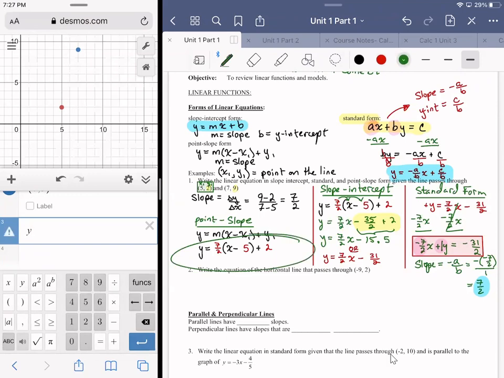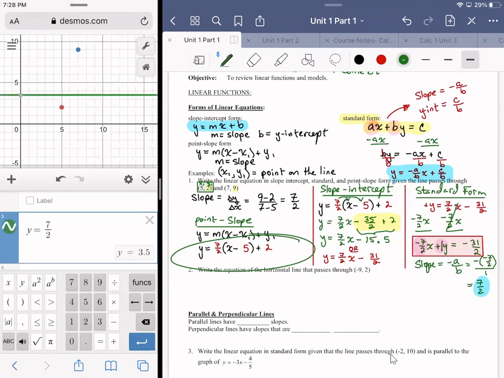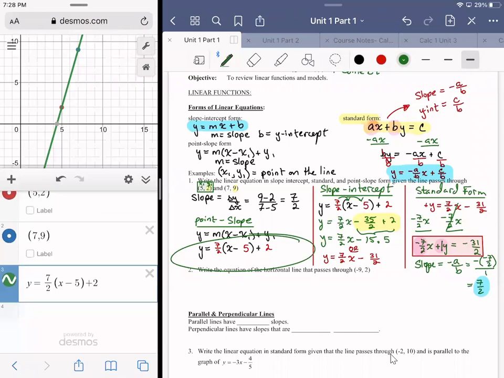Y equals fraction 7 over 2, X minus 5 in parentheses plus 2, and just make sure it goes through the 2 points. All right. If you do that, then you know you did it right. Okay.